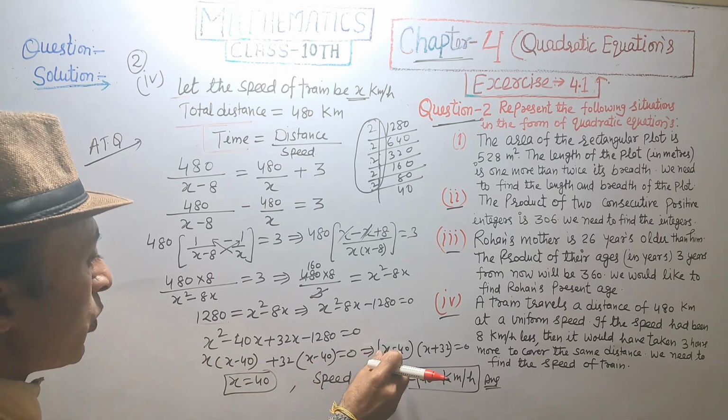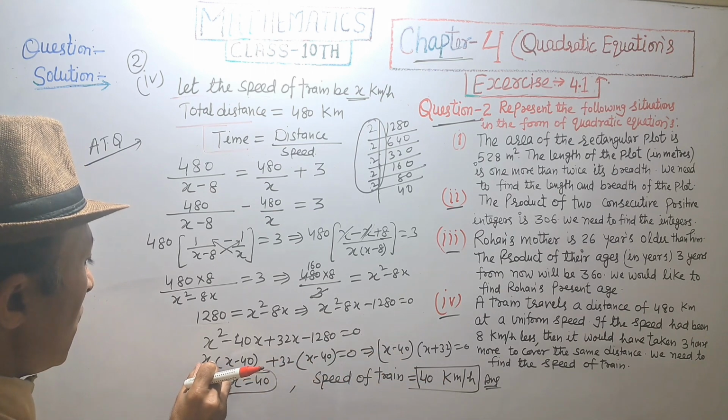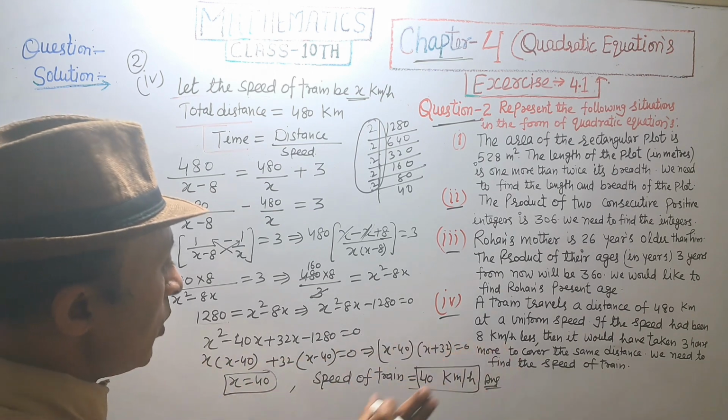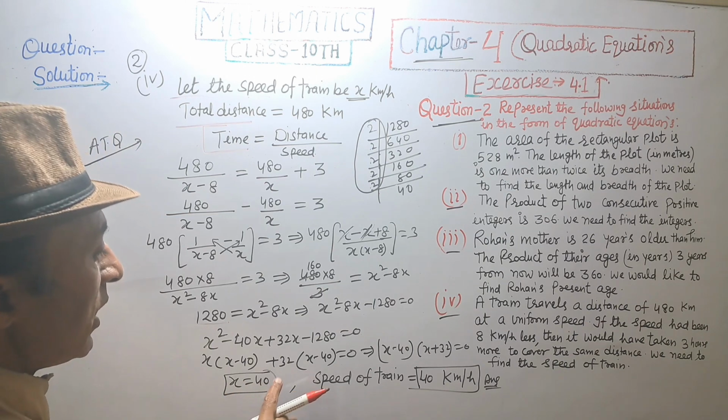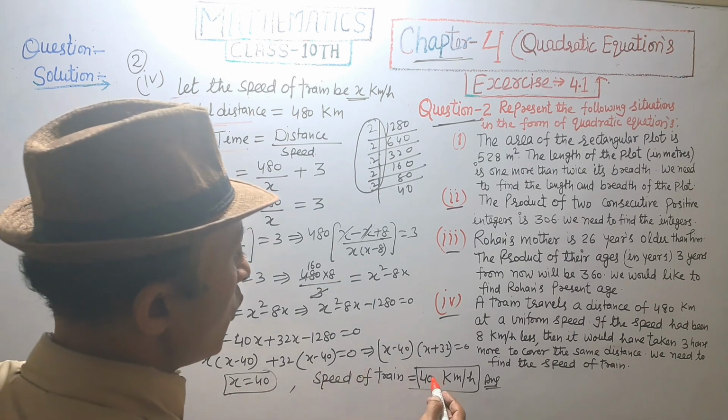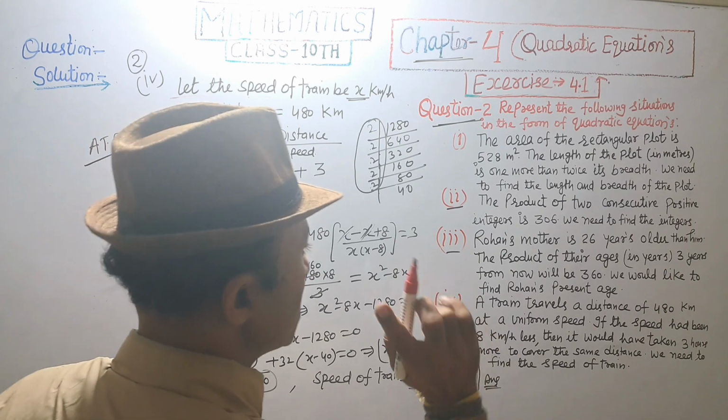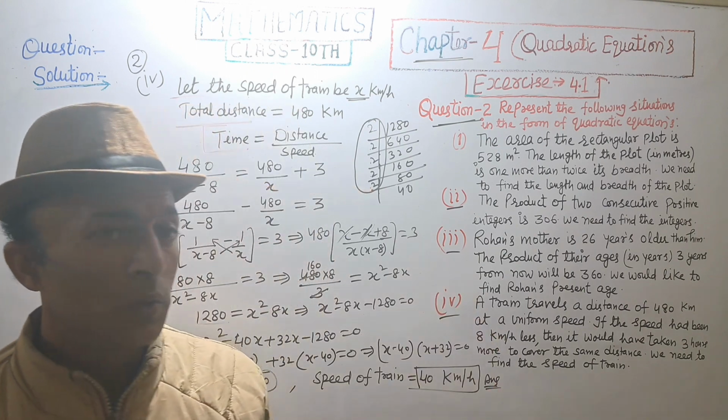Taking x minus 40 common, x plus 32 equal to 0. So x is equal to positive 40, the speed of the train is equal to 40 km per hour. Answer. Thank you so much.